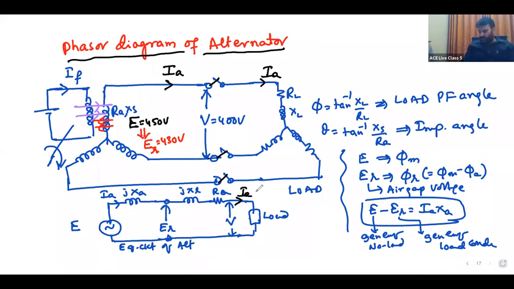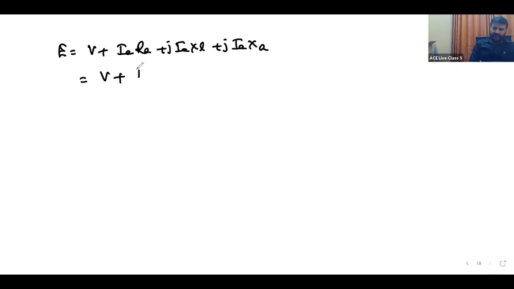So let me write the equation. E is equal to V plus IARA plus j IAXL plus j IAXA. That is equal to V plus IARA plus j IA (XL plus XA).